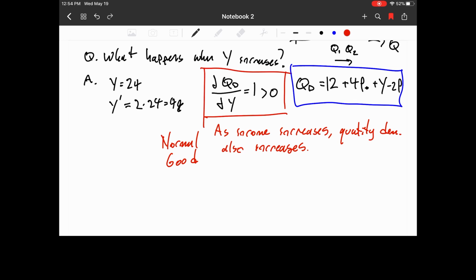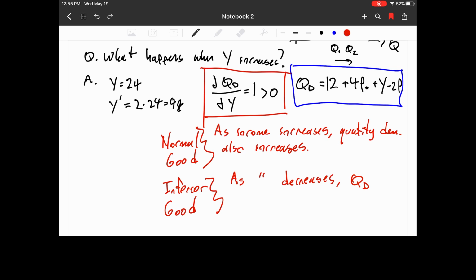Okay, and this is just the definition of a normal good. And an inferior good is the opposite, where we say as income decreases, quantity demanded increases. And we can represent this as a derivative.